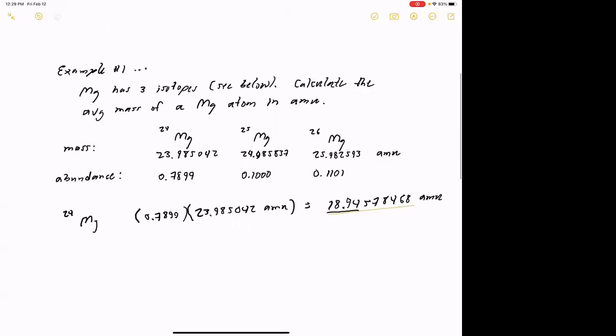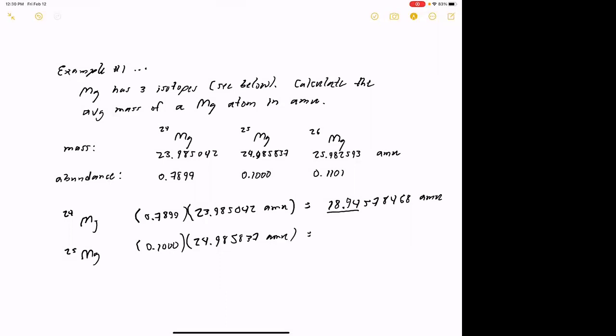All right, so let's do magnesium 25. So that's the same thing. Let's use our fractional abundance here, 0.1000. It's basically the same thing as saying 10% abundant, right? Times the mass, which is 24.985837 AMUs.